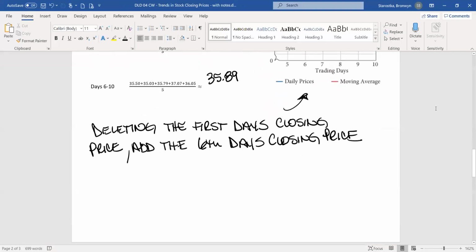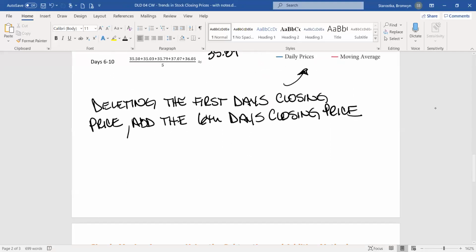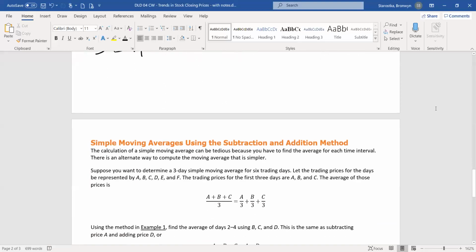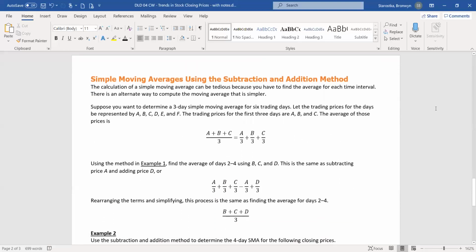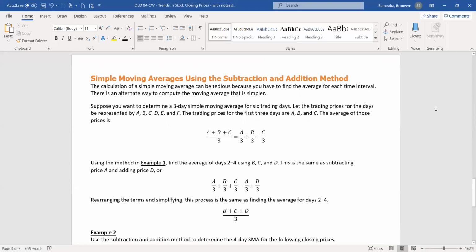For a 5-day, the moving average, that's essentially what we're doing each time: not including the first day or the previous day, and adding the next day's closing price into our average. So, simple moving average using the subtraction and addition method, subtracting out the first, adding in the next day.